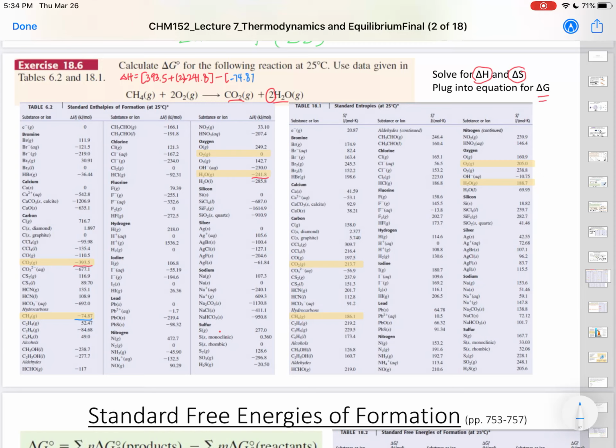CH4 is here. There's one of them, so minus 74.87, plus your 2 oxygens. And oxygen is 0. Okay.